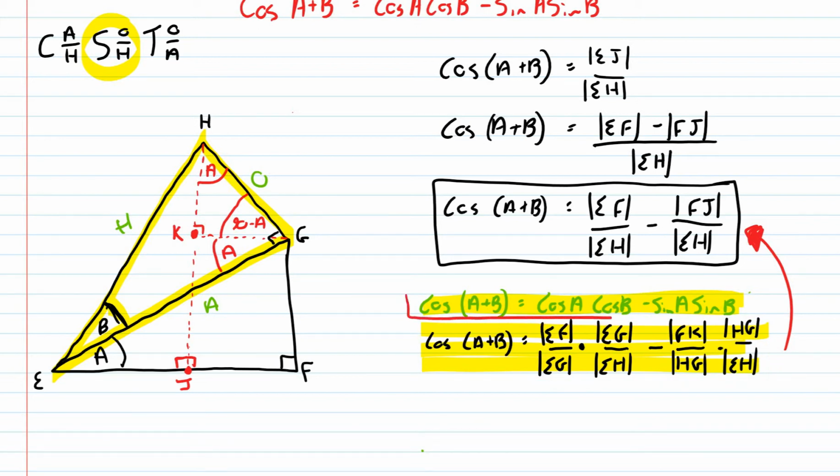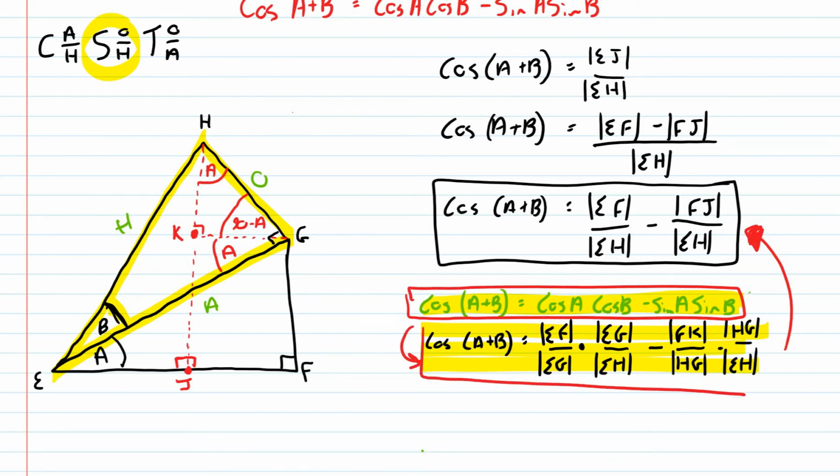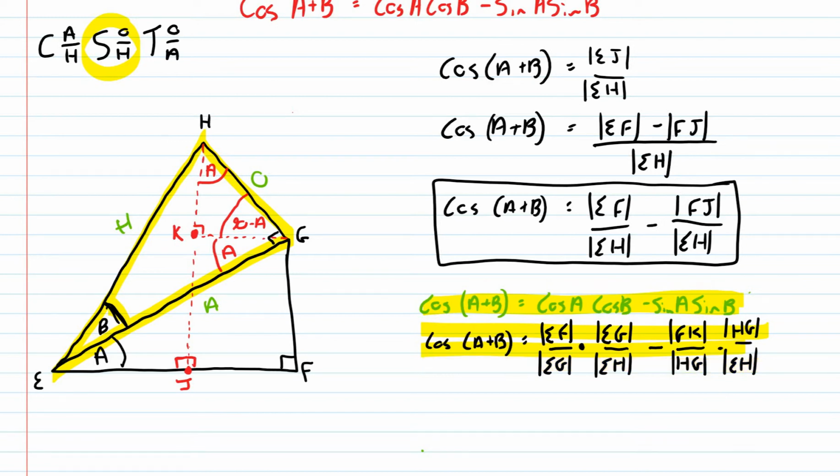This here is what I want, and I have made that into this. So can I get from here back up to what I originally had? If I can, then I'm after proving that cos A plus B equals cos A multiplied by cos B minus sin A multiplied by sin B. Right, let's see if I can do it.